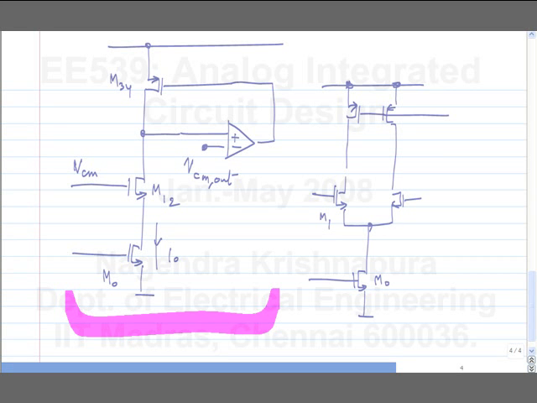What do I do here? I need to get the same equivalent circuit, right? How will I do that? In this case, we want the differential amplifier's operation to be intact. And we want to control these current sources based on the common mode output.